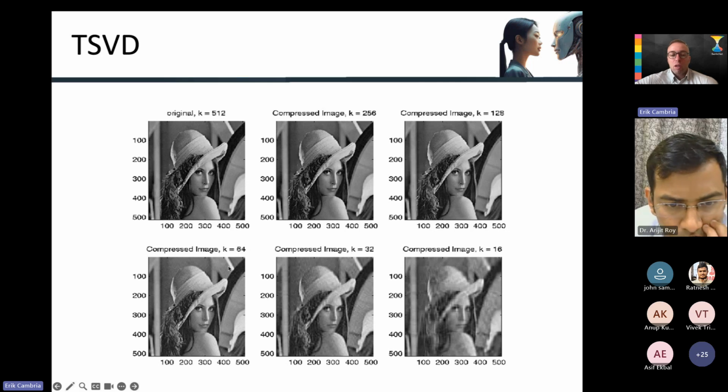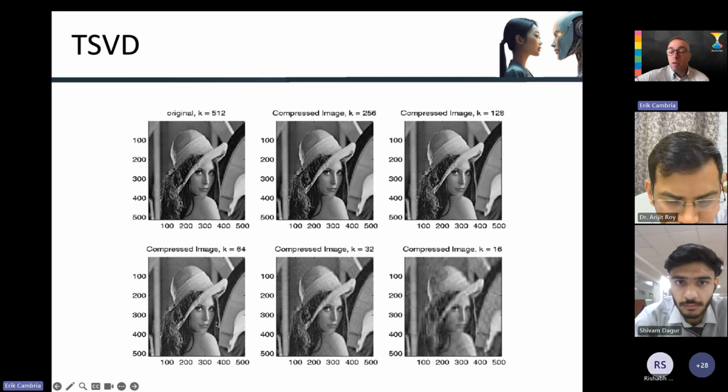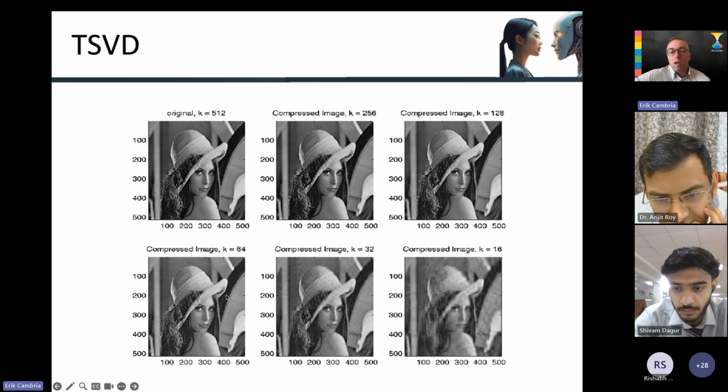Even this picture here that only uses the first 64 out of 512 singular values is still good enough, because our eye cannot appreciate the nuances required to really appreciate this image. But if I'm working with video, it will be a different thing. A video from which I cut away so many singular values may turn out to be very low quality, or even if I'm working with text, maybe things will not work as well as expected.